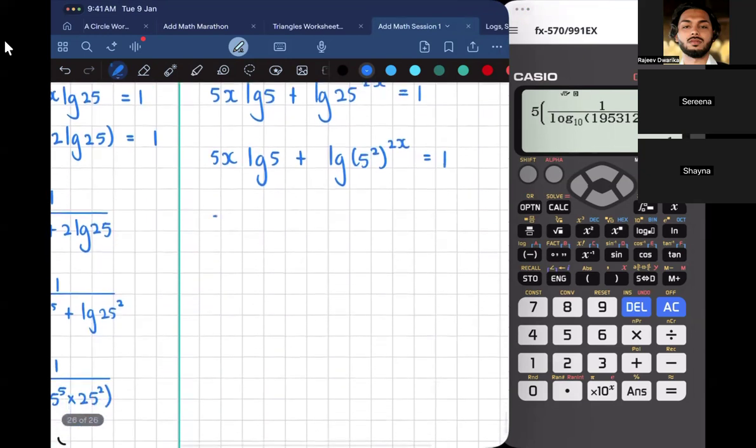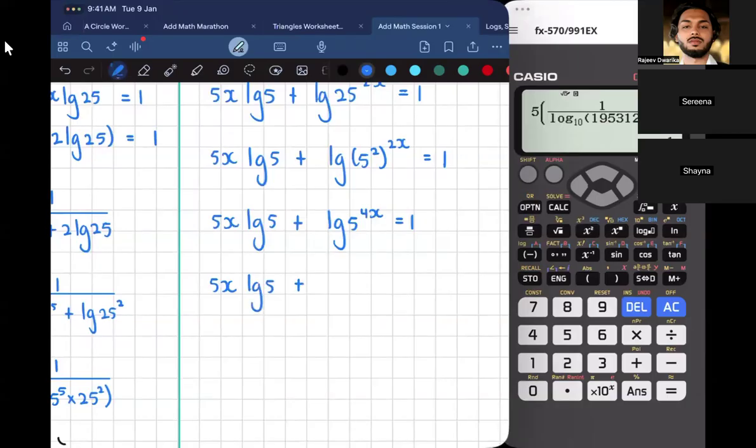Okay. And so, Sheena, what is 5 squared to the power 2x? That will be log what? Log 5 to what power? Oh, 4x. Right? And that will be equal to 1. Then I could apply the power rule, and that will be equal to what, Sheena?